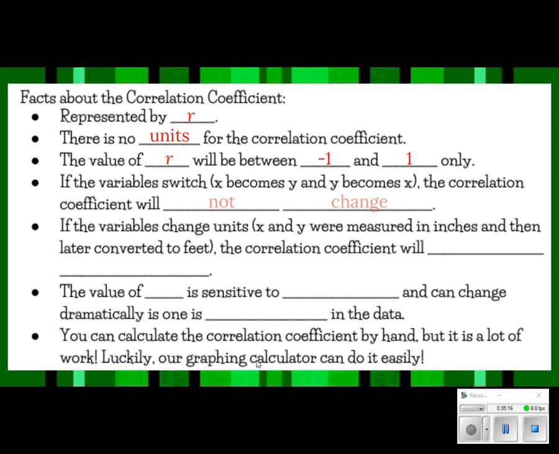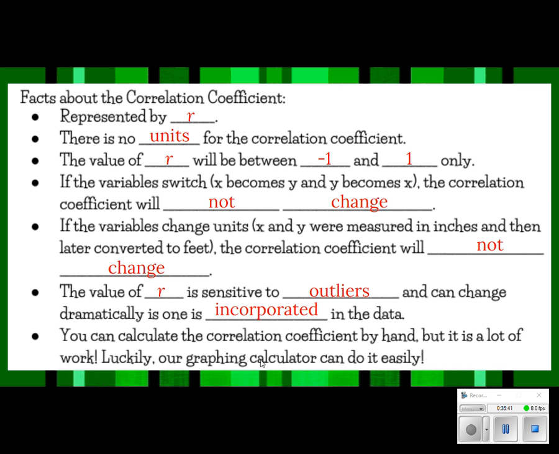If the variables switch and x becomes y and y becomes x for some reason, the correlation coefficient never changes. If the variable changes units, and x and y were measured in inches and then later converted to feet, the correlation coefficient will not change.